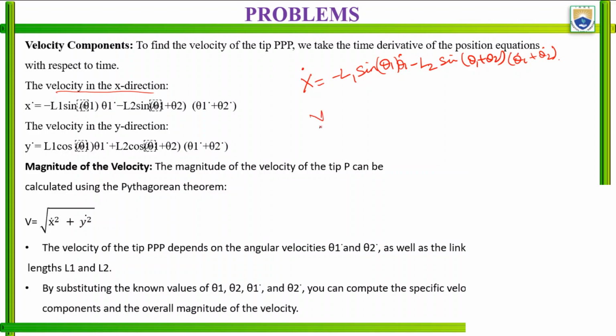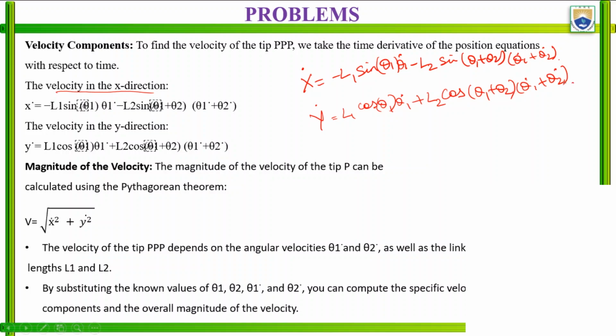Whereas when we take the y-axis, y dot is equal to L1 cos θ1 into θ1 dot plus L2 cos(θ1 + θ2) into (θ1 dot + θ2 dot).